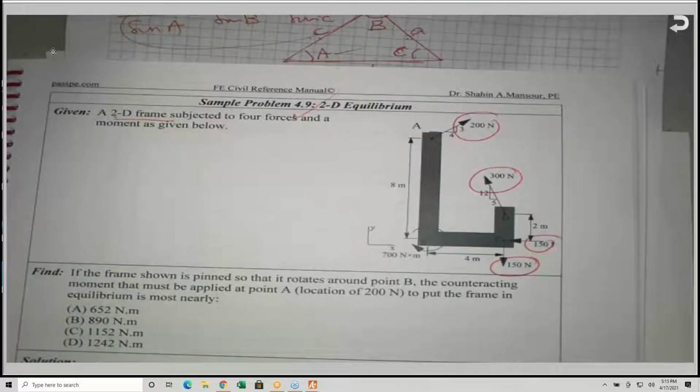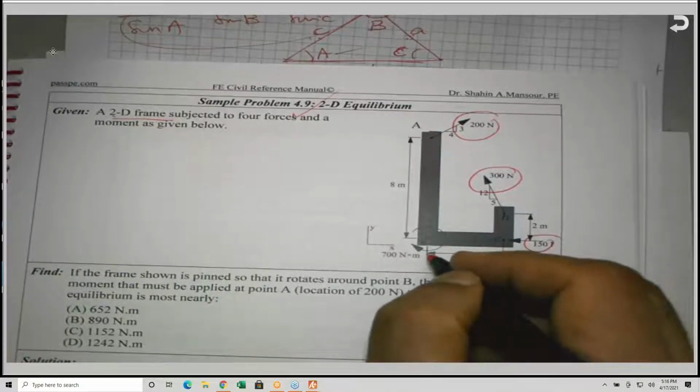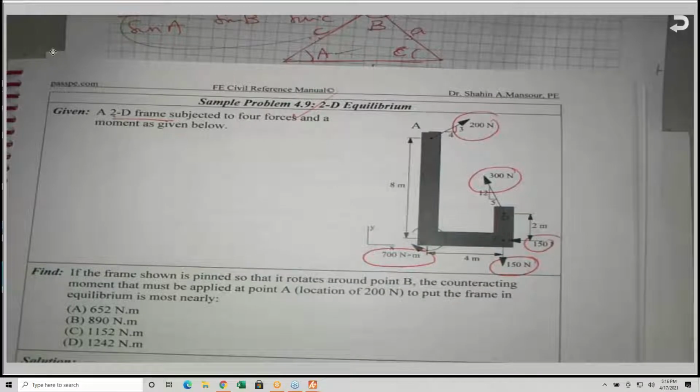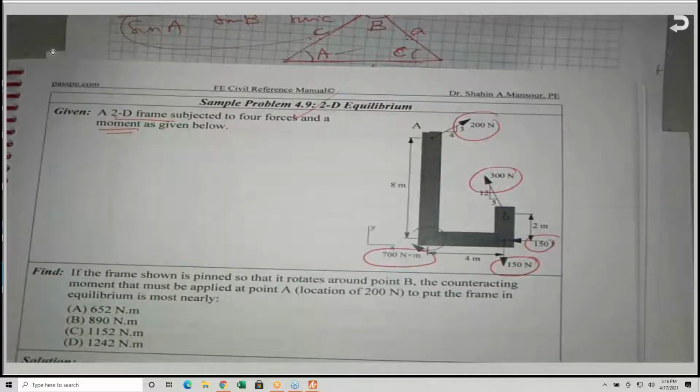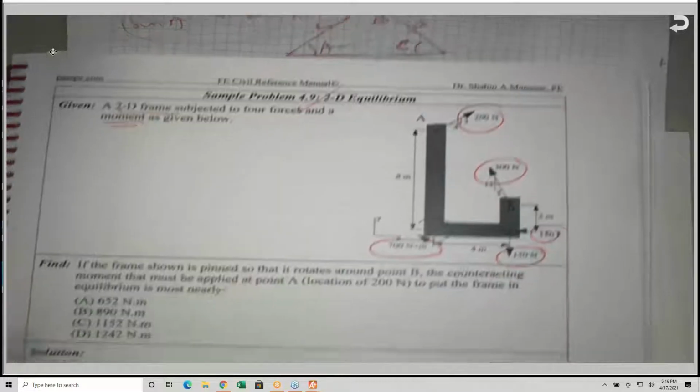We need to make sure that we consider all the forces. In addition to that, he's giving you a moment. And he gave you a statement here.